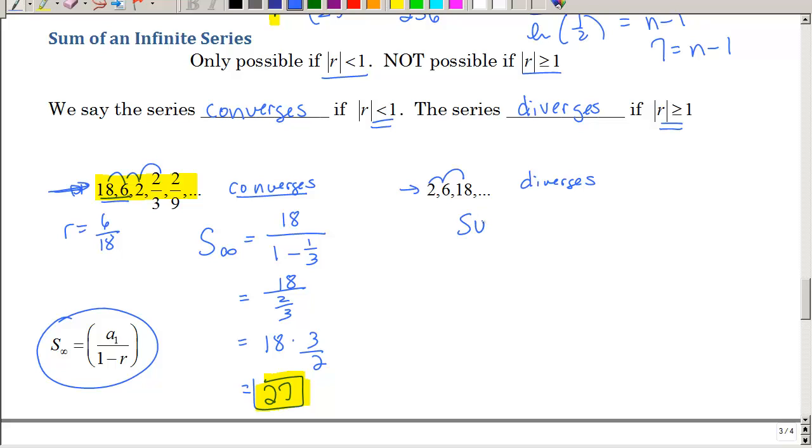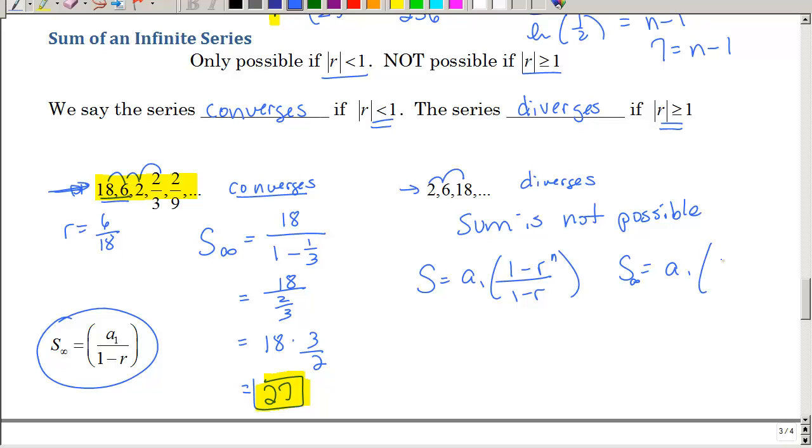This one, the sum is not possible because you're adding larger and larger and larger numbers. Can't get there.